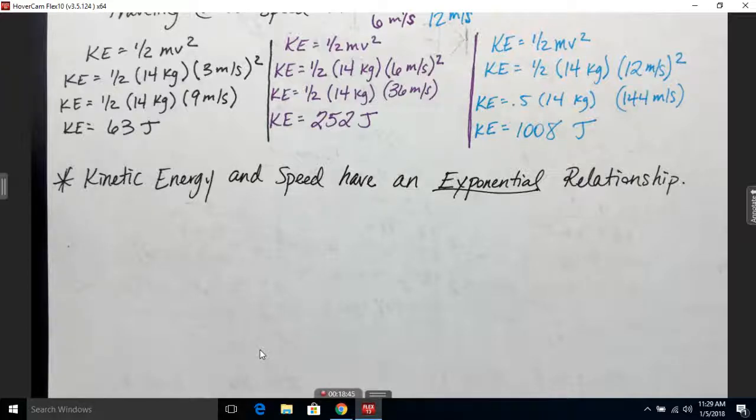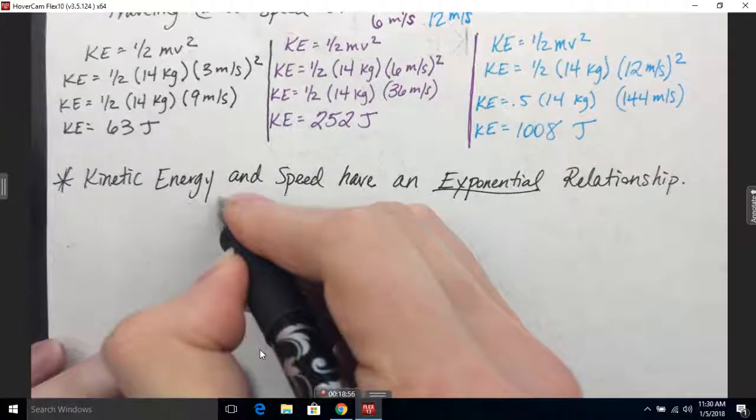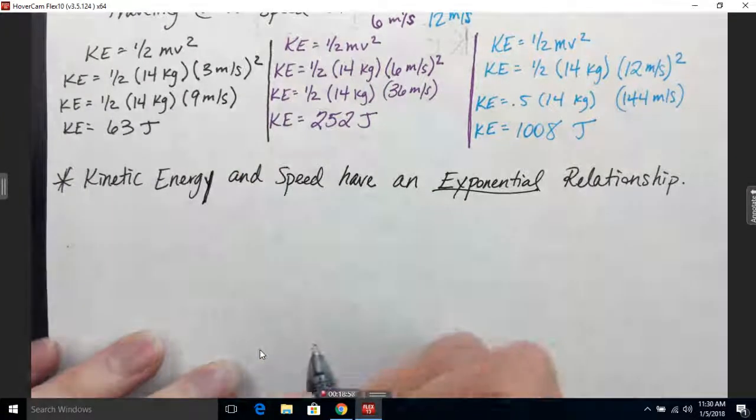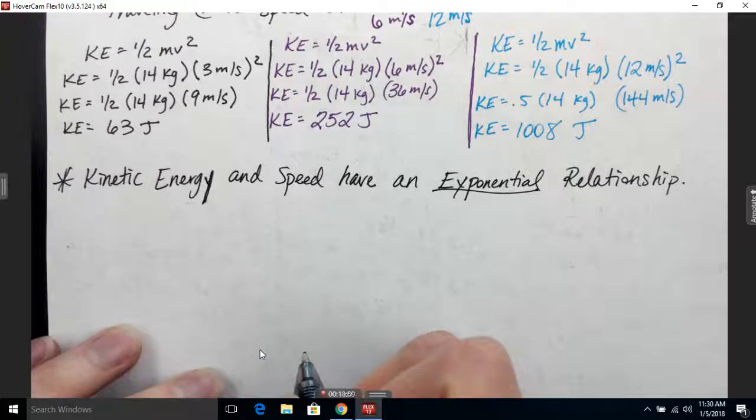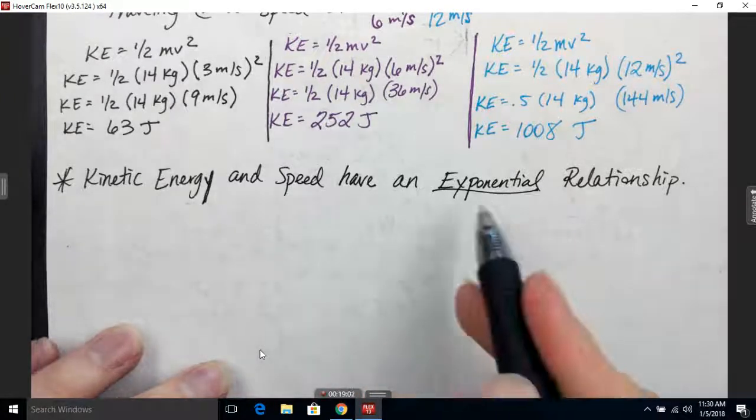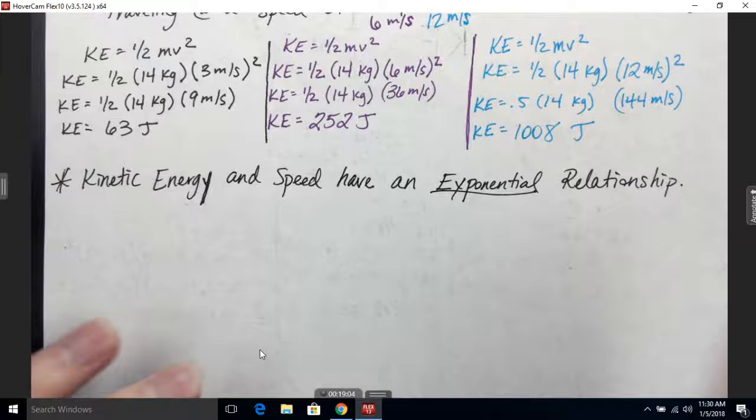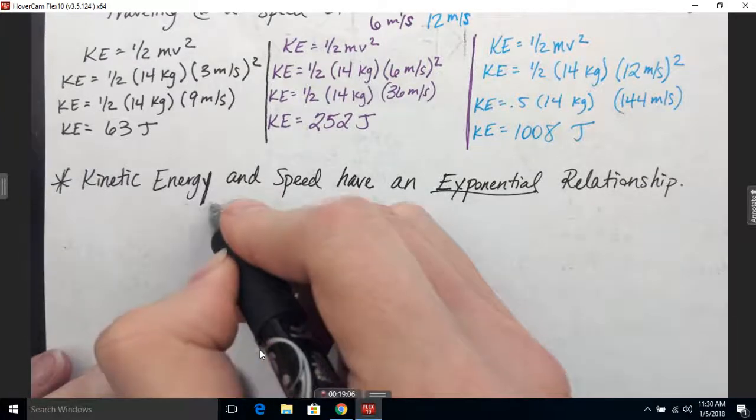It's not bad. I was just afraid of how I was going to teach it to y'all, but when I broke it down like this, I knew that this was the easiest way to do it. If I wouldn't have taught it like this, it would have been a lot harder. So, what does an exponential relationship actually mean? This is what it means.